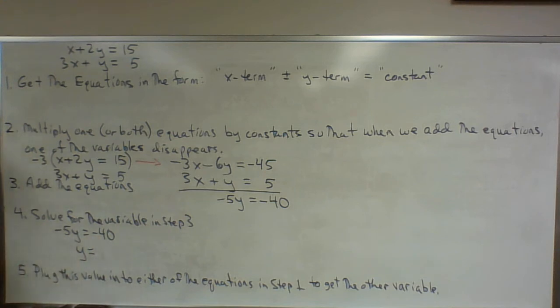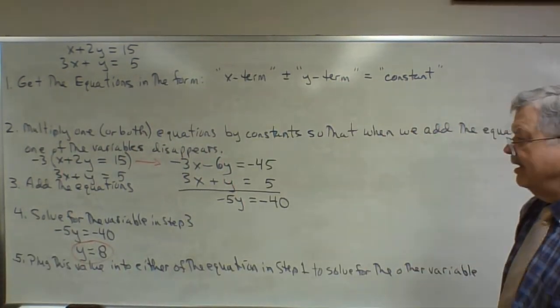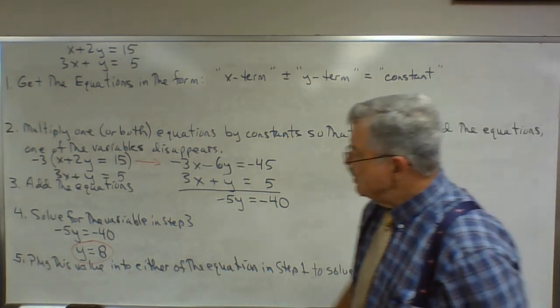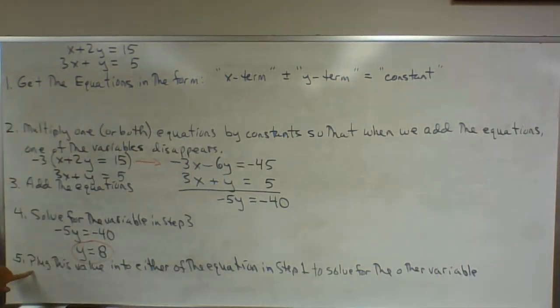Negative 40 divided by negative 5 is positive 8. So that's part of our solution, y equals 8. And now we'll do step 5. We have y equals 8. We need x. Step 5 says plug this value into either equation of step 1 to solve for the other variable.